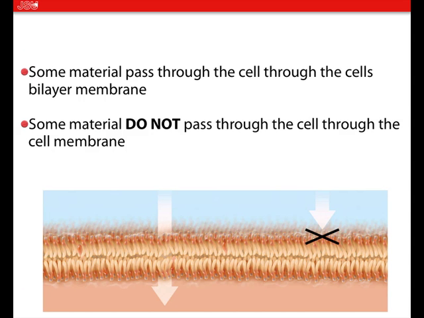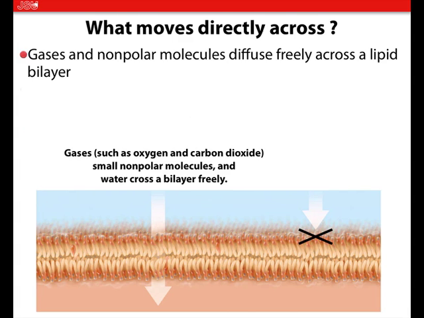So some materials pass through the membrane. Some materials do not. What's going to move through the membrane? Gases, for example, oxygen, carbon dioxide, and small nonpolar molecules tend to move through the membrane relatively easily.